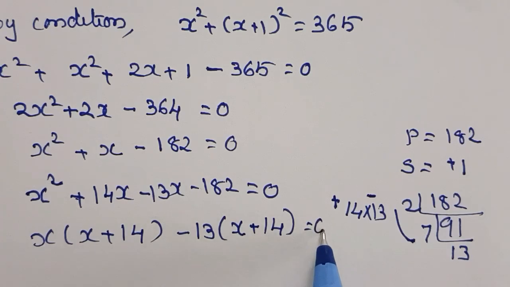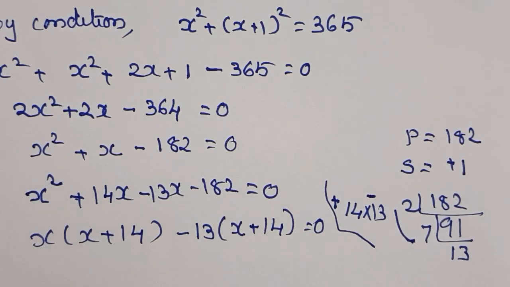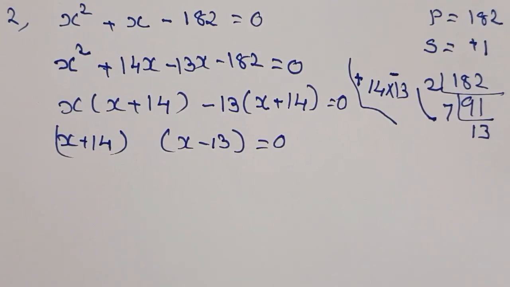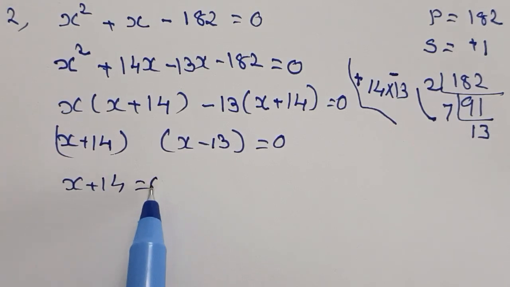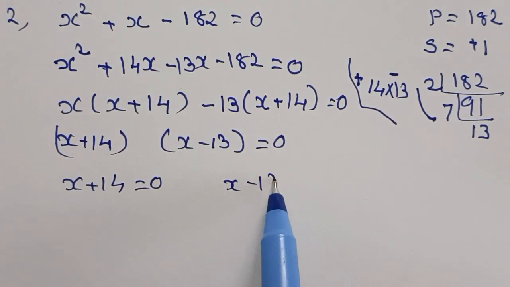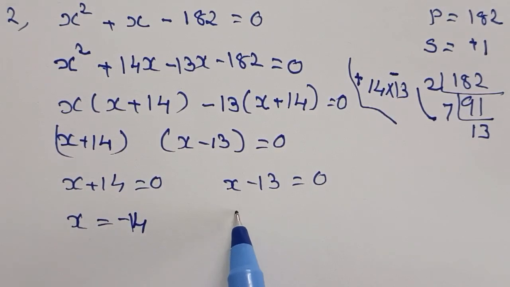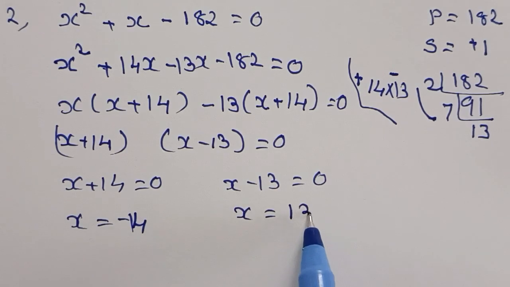That is (x plus 14) into (x minus 13) equal to 0. That is, first factor x plus 14 equal to 0 or x minus 13 equal to 0. Here we get x equal to minus 14 and the second one x equal to plus 13.